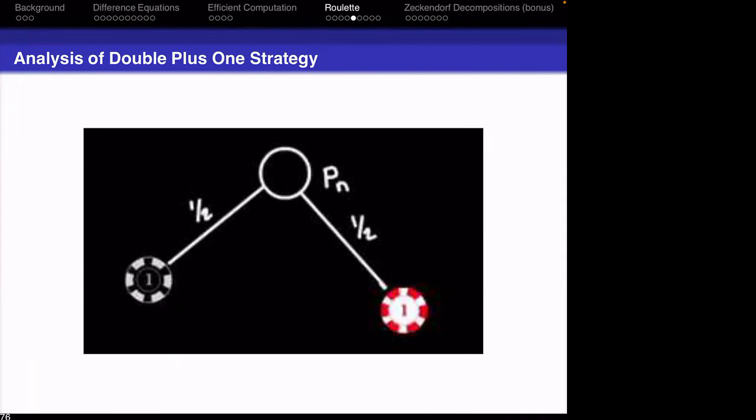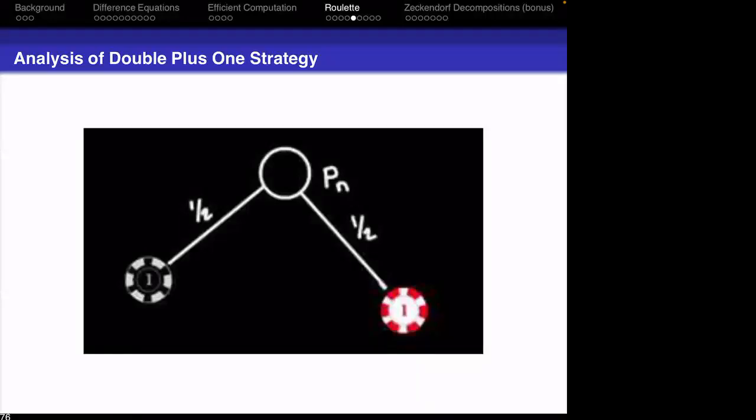If we spin a red, could that start a streak of 5 consecutive blacks? No. So here's the first tough question. What is the probability we do not have 5 consecutive blacks in n spins, given that the first spin is red? Pn was the probability we don't have 5 consecutive blacks in n spins. Now we know the first spin is a red.